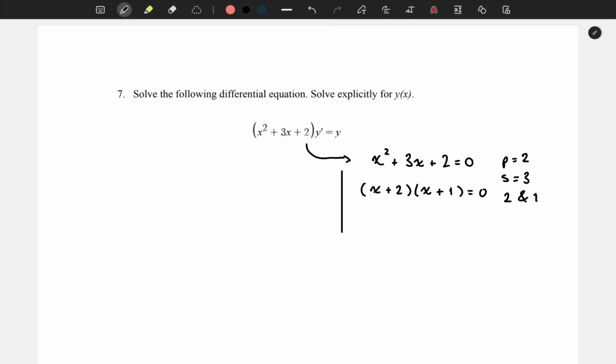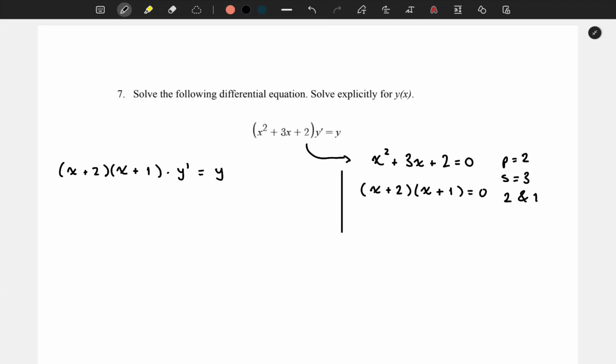Okay, so now that we factored that, let's write that down. x plus 2, x plus 1 times y prime is equal to y. Now we want to get all the y's on one side and all the x's on the other. So what can we do?